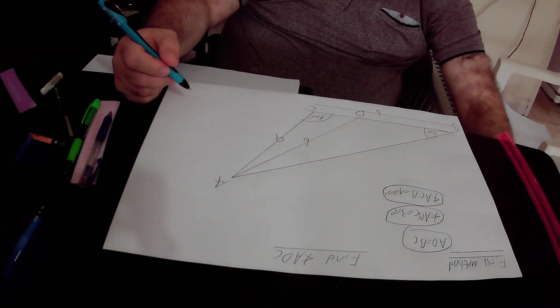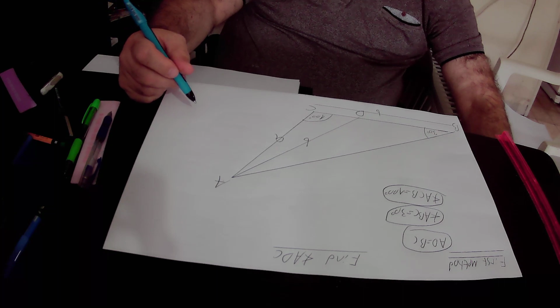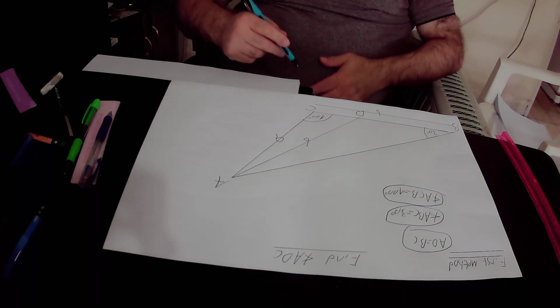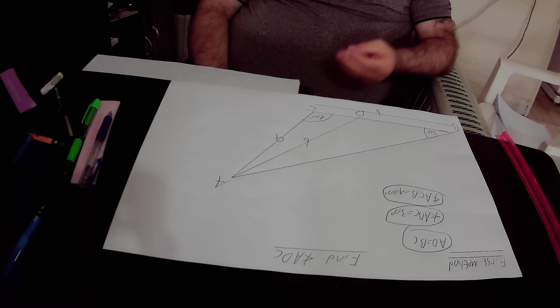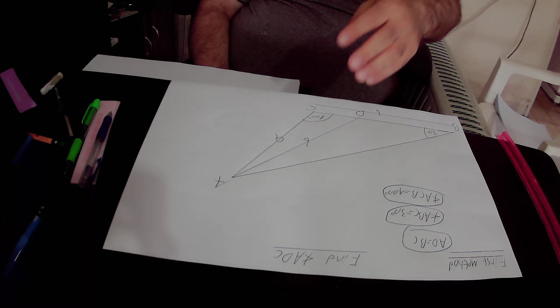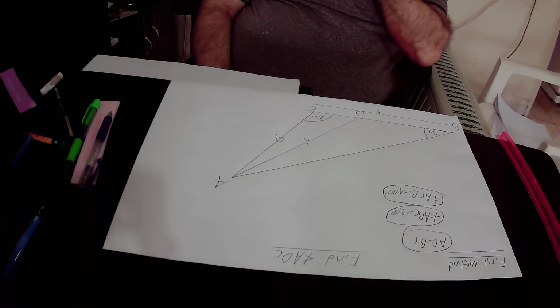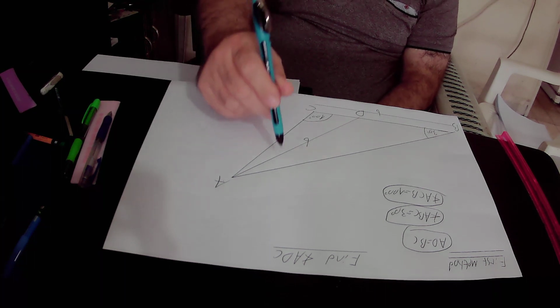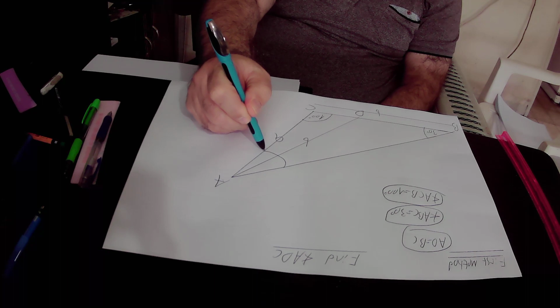In the next step, I will copy triangle ADC in a new page, and we will implement the law of sines in this triangle ADC. But we have already found out that angle BAC equals 50 degrees.